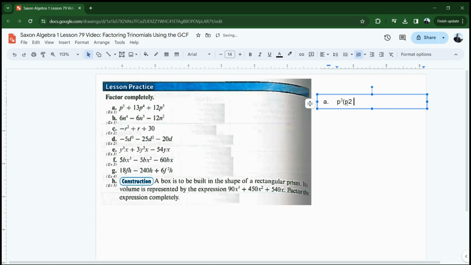It's going to be p squared plus 13p plus 12. p squared, because it was p to the fifth and I pulled out p to the third, plus 13p, since I pulled out three of the four p's up front, and then p to the third got pulled out, so my last term is just 12.